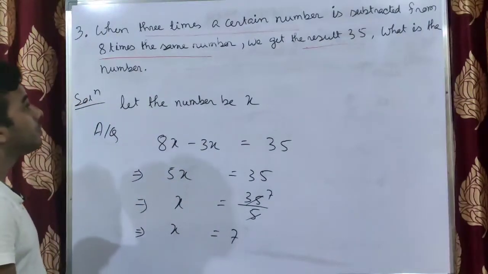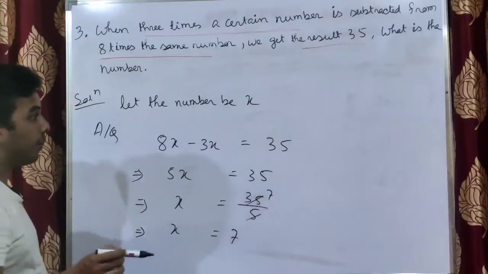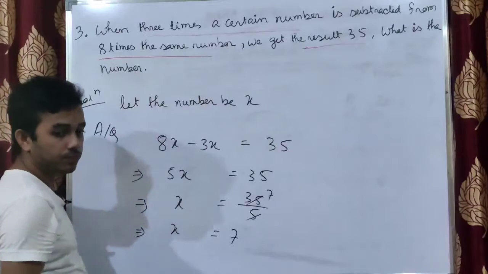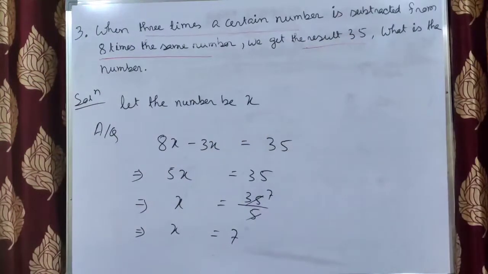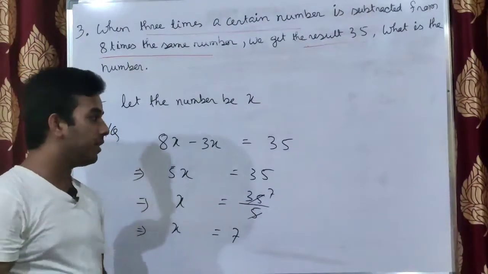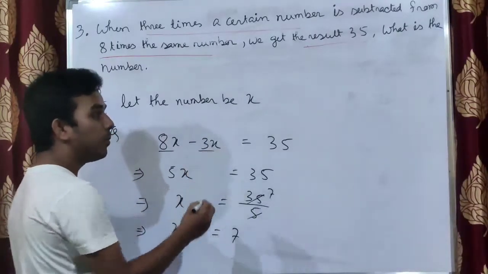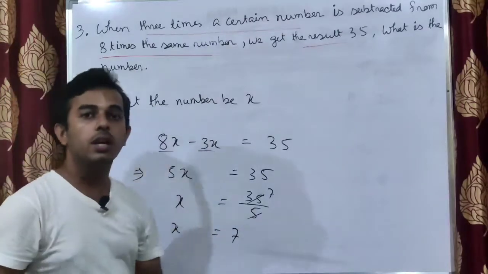Now we have to find the numbers, right? One number was what? Now we have to find the two numbers, right? The numbers are what? 8x and 3x. When we put the value of x, the numbers will come out.